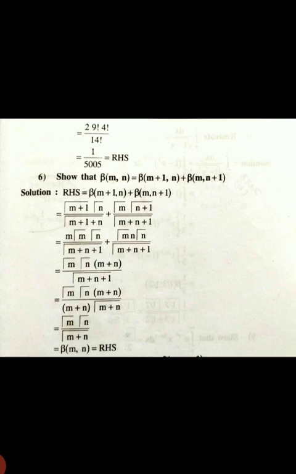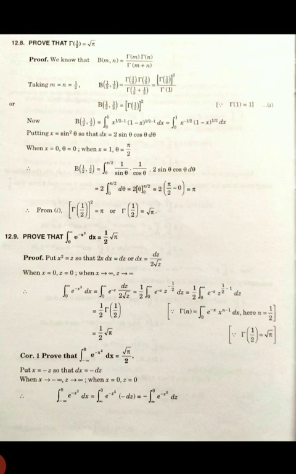Okay, next step. See here, previously I explained some standard proofs on gamma function, that is gamma n plus 1 is equal to n gamma n. If you want, I will show it in the notes.